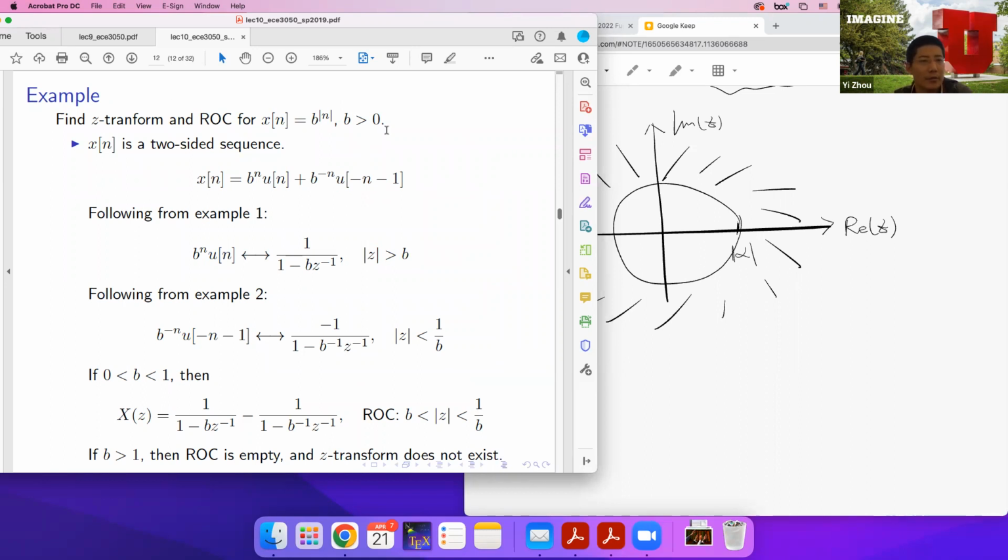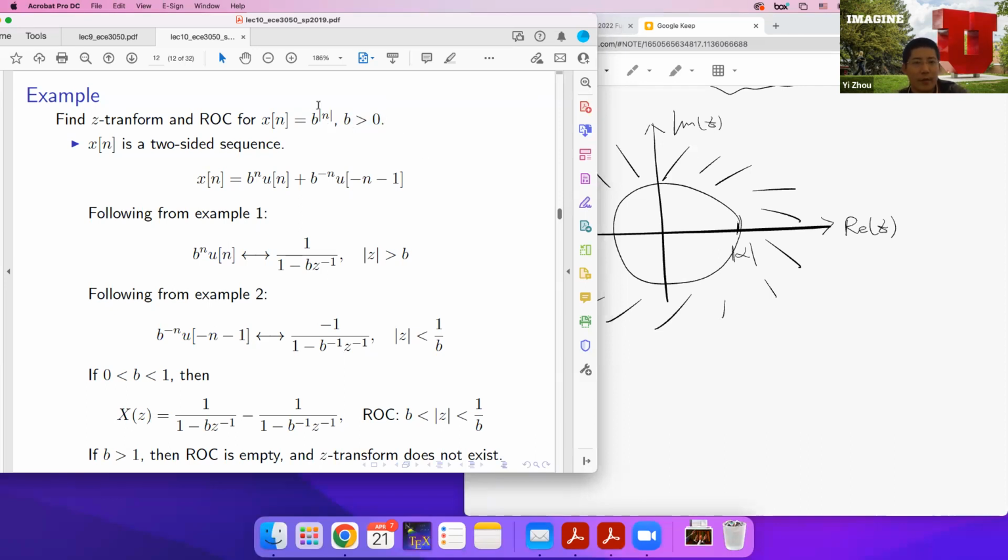And here's an example of a two-sided signal. x[n] is b to the power of the absolute value of n, where b is a given positive number.